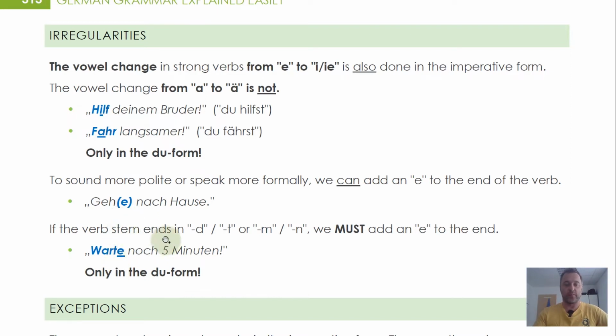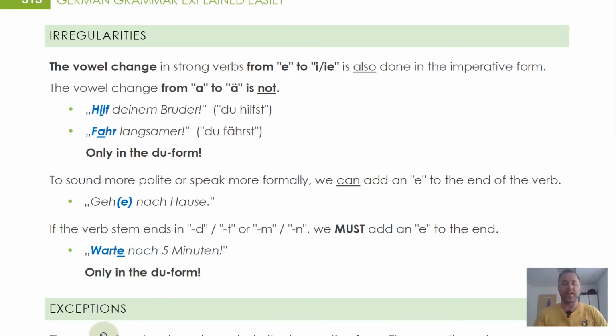But with the verb stems D, T, M or N, you actually have to add it in theory. So from the grammatical correctness point of view, you really have to add this E here: Warte noch 5 Minuten. But if you actually listen to German people, it's often still dropped. So in an exam, put it.